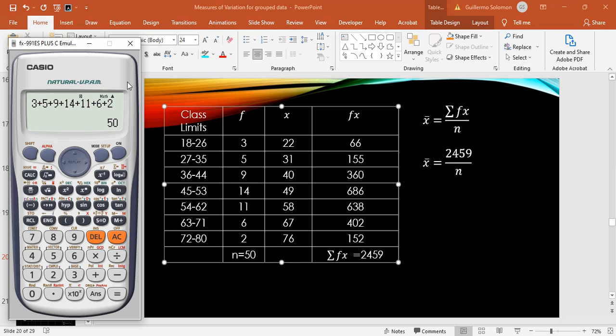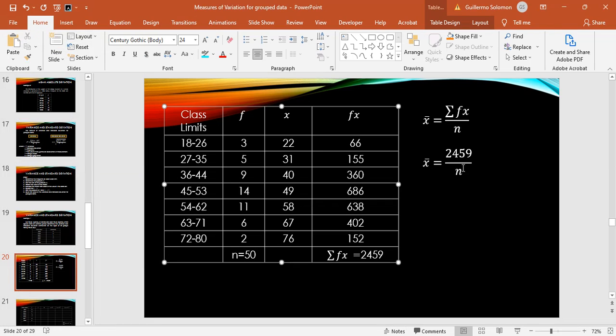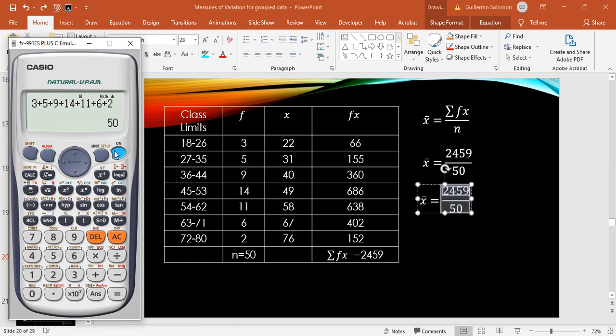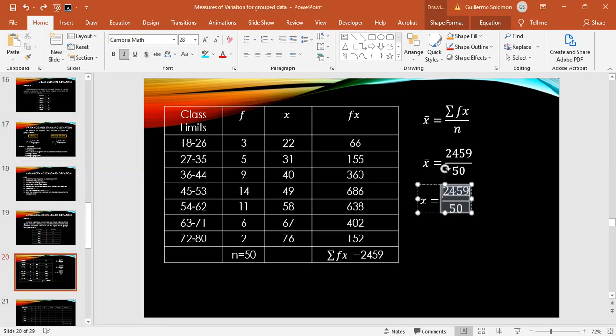Okay, that is correct. Now, substitute natin dito sa number of samples yung 50. So, apply the operation. That is 2,459 all over 50. The final answer for the mean is 49.88.